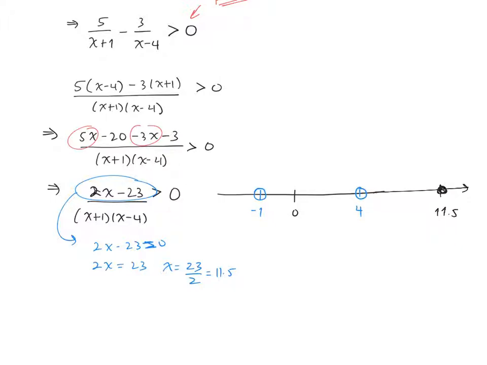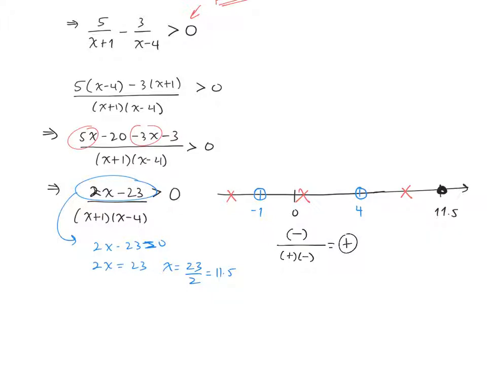So let's say you have 11.5. At this point, this is equal to 0. So we have to do the same trick. You check something here, and something there. So if we start with 0, this one will be negative, and on the bottom you have 2. This will be positive, this will be negative, so the whole thing will be negative.